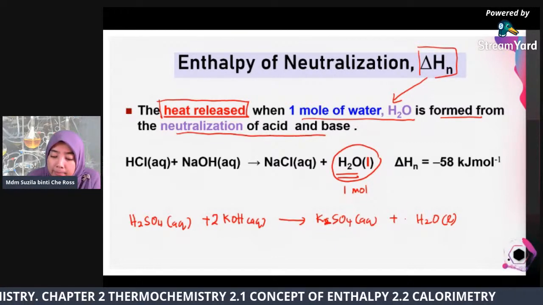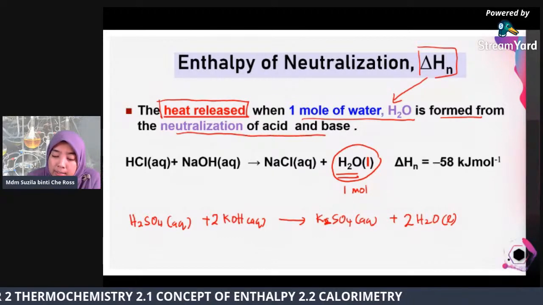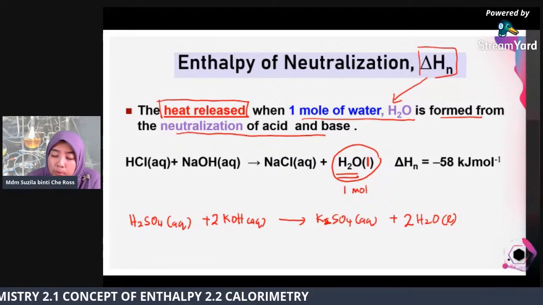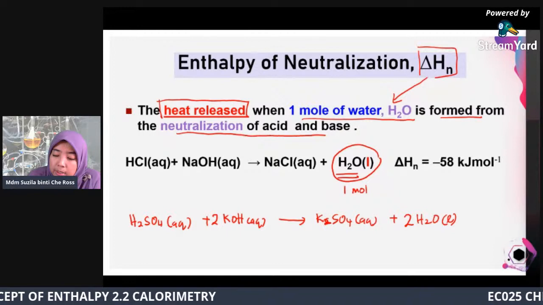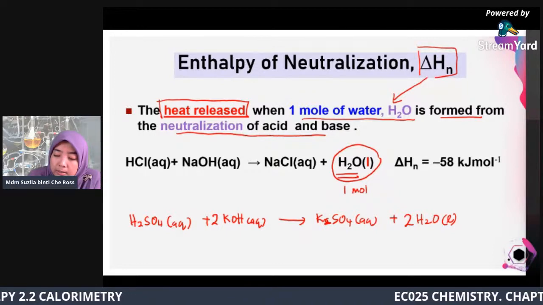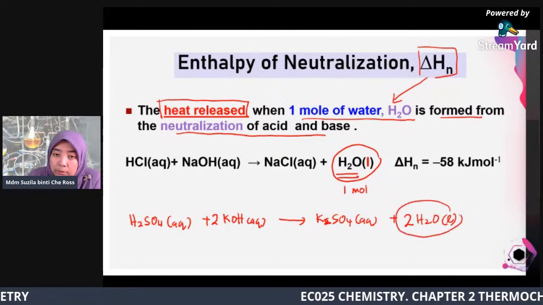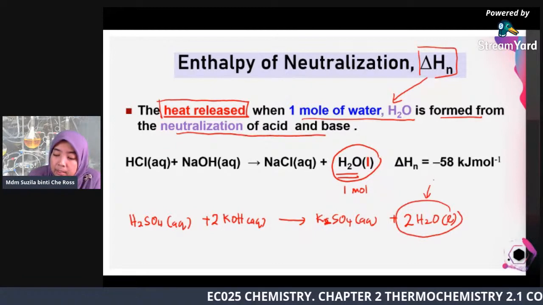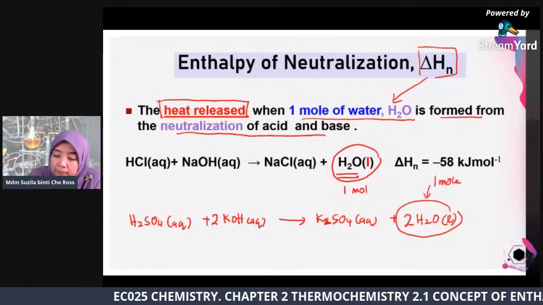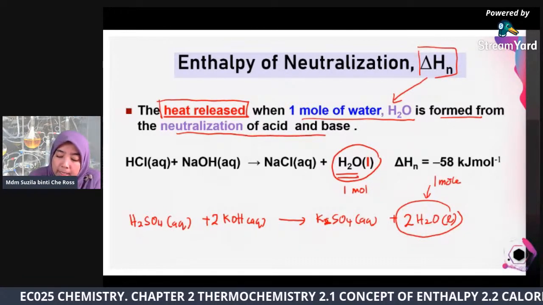Okay, but remember enthalpy of neutralization is defined for 1 mole. So this one you need to convert to become 1 mole. How to convert to 1 mole? Divide by 2. We can divide the whole equation by 2.